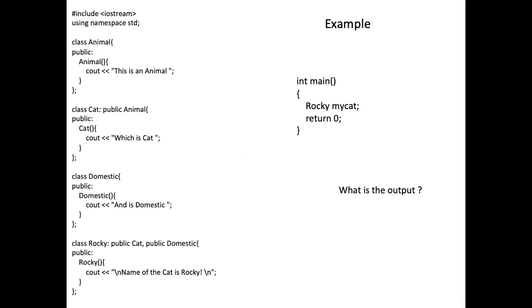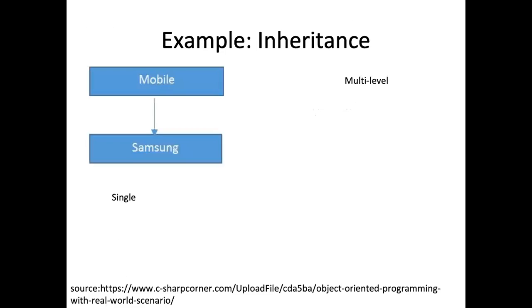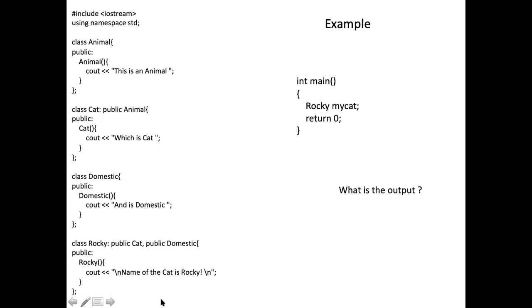And then you have class domestic, which is independent in this case, so it's also a base class. And then you have a class Rocky, right? That is inheriting from cat as well as from domestic publicly.